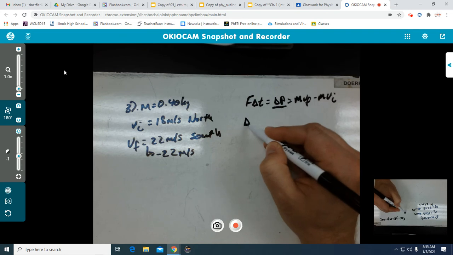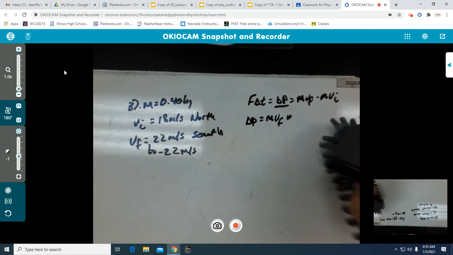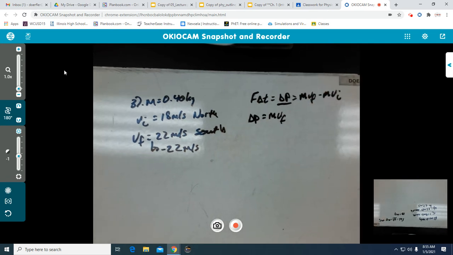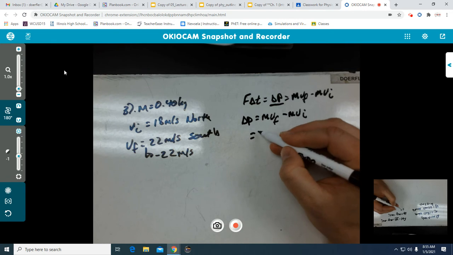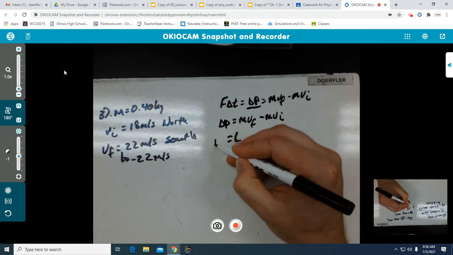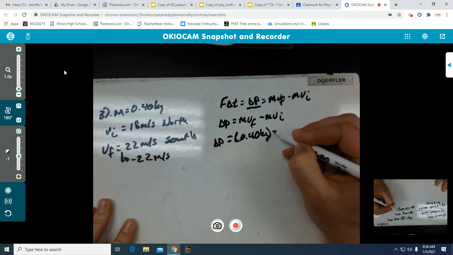So delta P is equal to mvf minus mvi, and go ahead and plug in your values here. Okay, again, our mass is 0.40 kilogram.